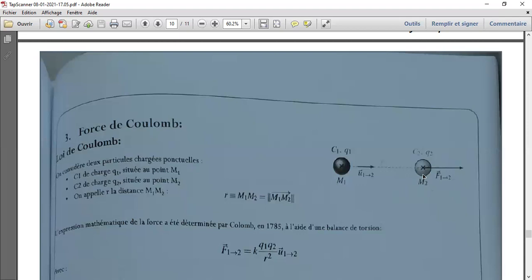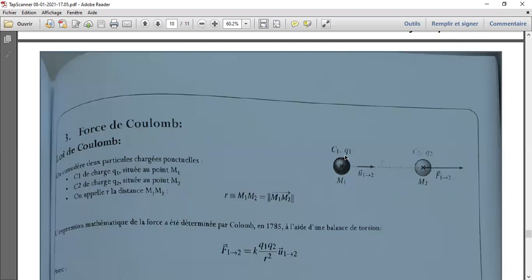So we've got two particles, and these particles have charges. One particle has charge Q1, and the second particle has charge Q2.